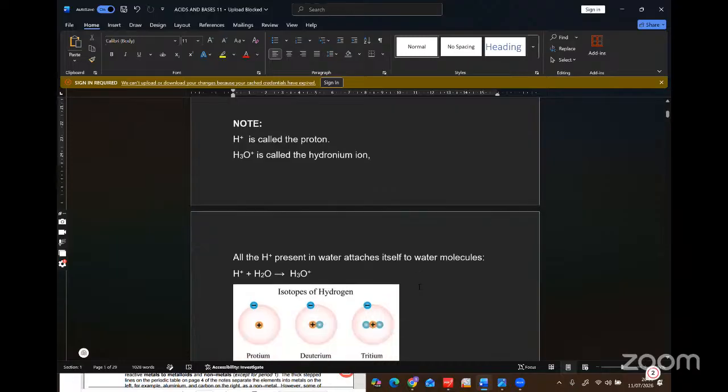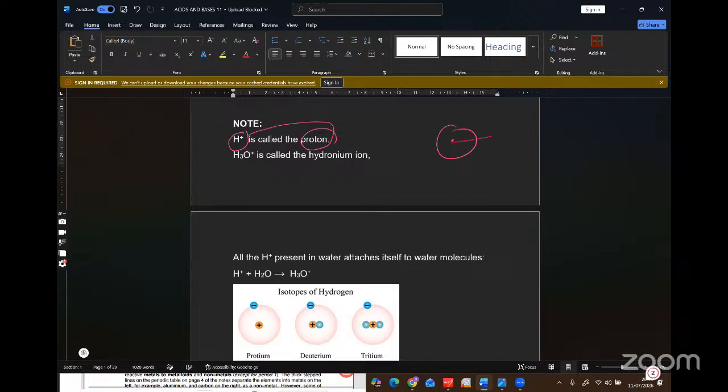Now, when talking about acids and bases, one of the familiar substances that you will come across is this hydrogen ion. It is often referred to as a proton. Now, why is it a proton? If you look at the structure of hydrogen, I have it like this.